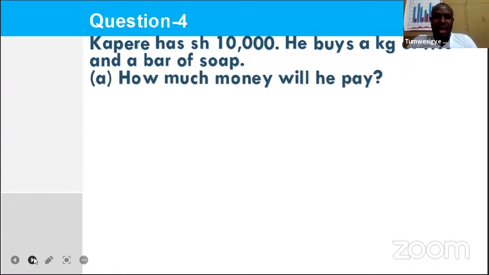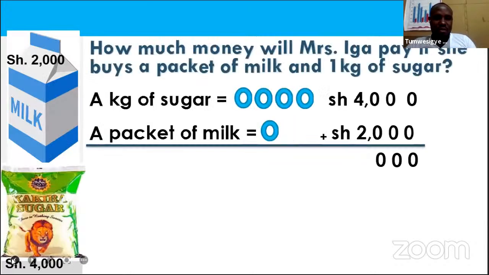Kapere has to pay some certain amount of money because he has bought rice and soap. Let's go back to our shopping list and see what is the price of this.